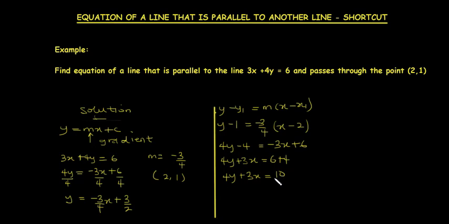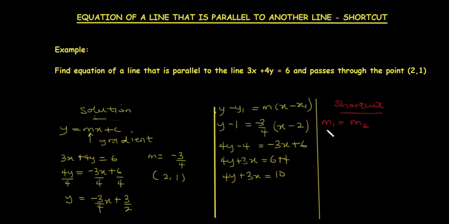Good. So right now, let's look at the shortcuts. Now what we know is that these two lines are going to have the same gradient. So we have m1 should be equal to m2.